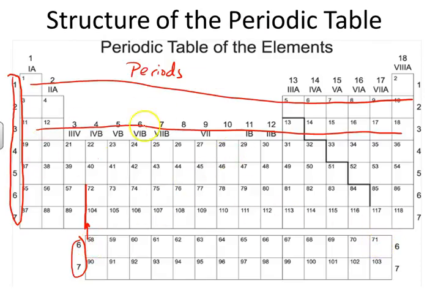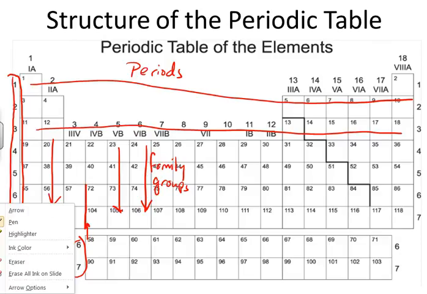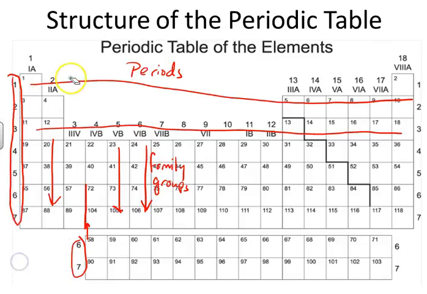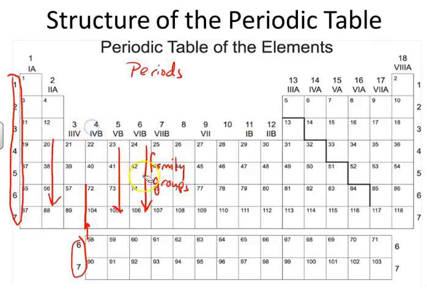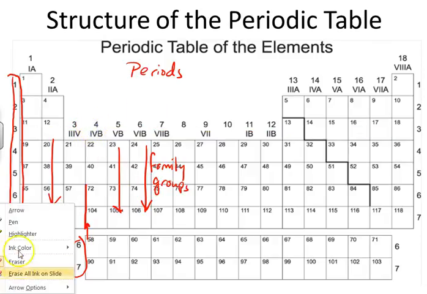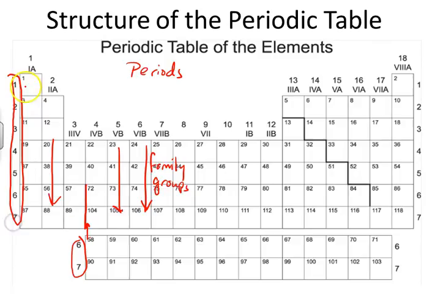Besides periods, we have columns, and those columns are known as families or groups. We have a couple of different ways of naming the groups. They include the 1 through 18 system, which is now the most common, so just standard numbers, 1 through 18.